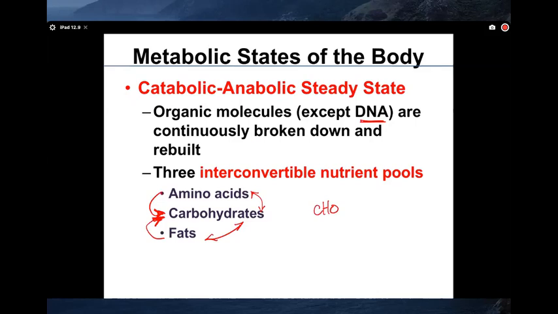And remember the production of glucose from a non-carbohydrate source is what we call the gluconeogenesis. I can break down the carbs into fat if I have extra intake of carbs. I can build the non-essential amino acids and so on. So I have those interconvertible nutrient pools that will be sharing in the formation of the catabolic anabolic steady state.